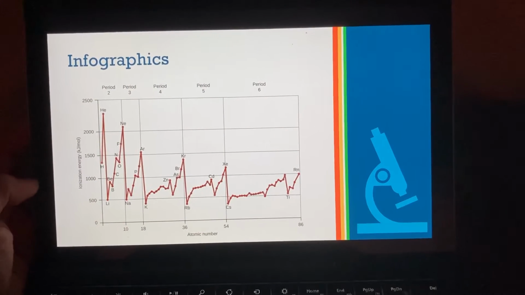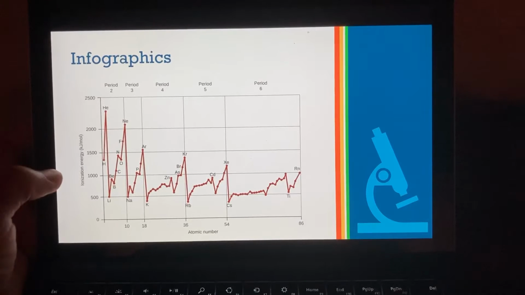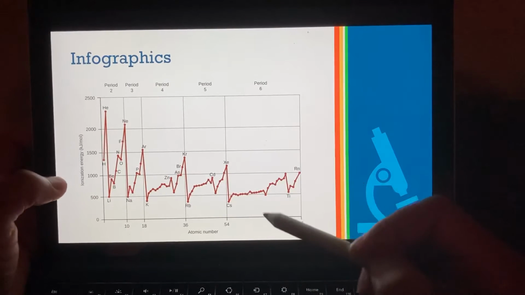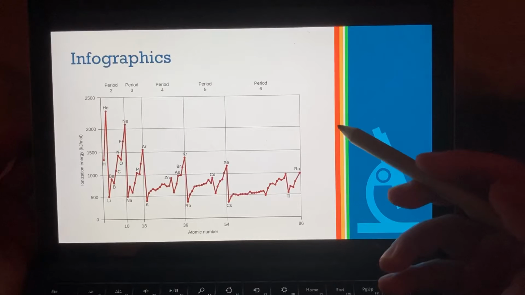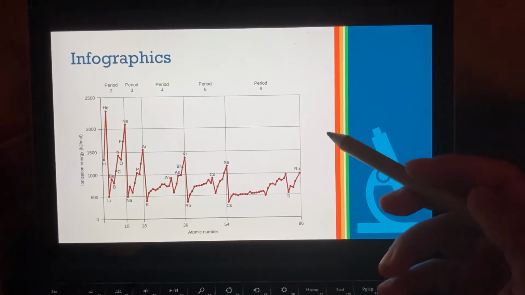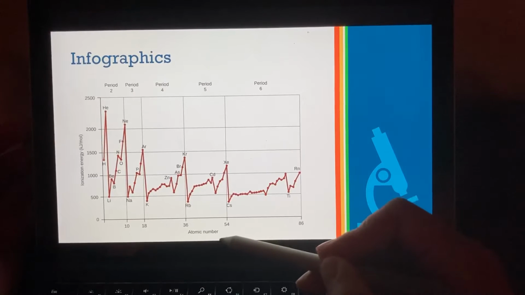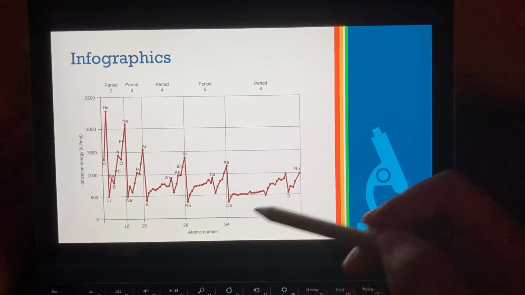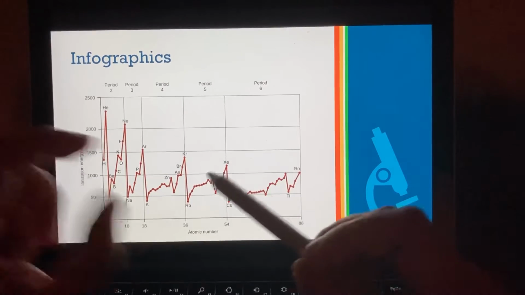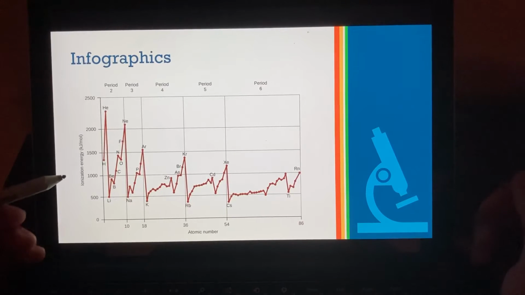So this infographic shows the periodic table in the form of a graph that represents ionization energy. On the bottom here is the atomic number. On the left-hand side is the ionization energy in kilojoules per mole.